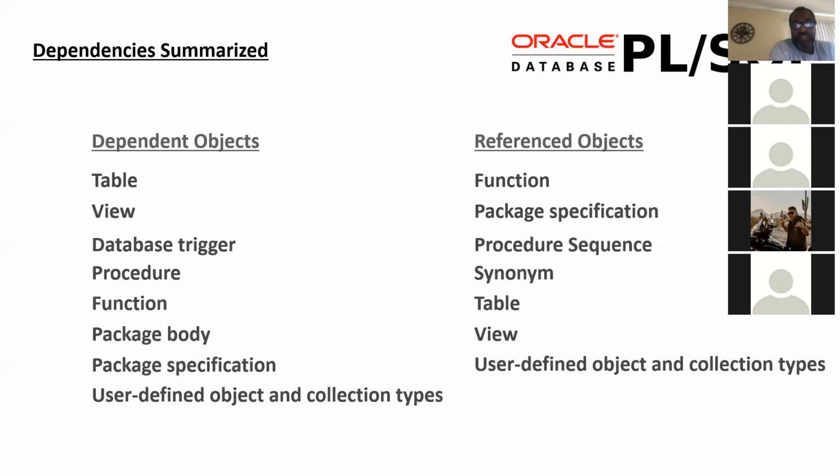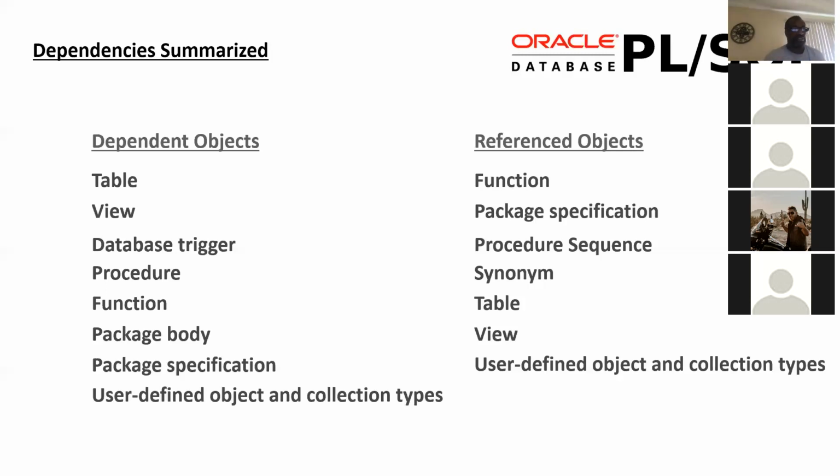Procedure, sequence, that's the sequence within procedures. Synonyms, tables, view. And you see that there's cross identification as far as the objects. It seems like they can be listed as dependents or references, and that's true.